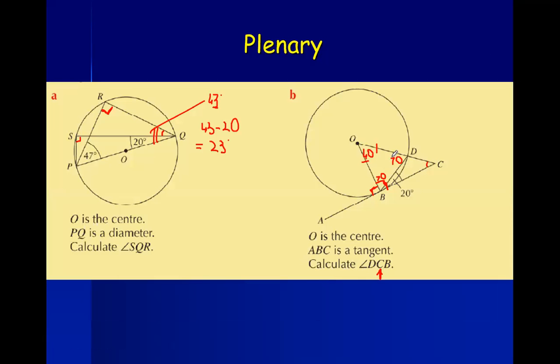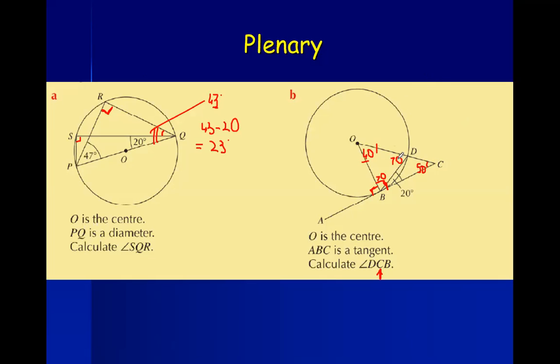So 70. So I said 70. So I've got 90 here. Yep. 40. So 130. 180 take away 130. It would be C. So that would be 50 here. BCO would be 50.